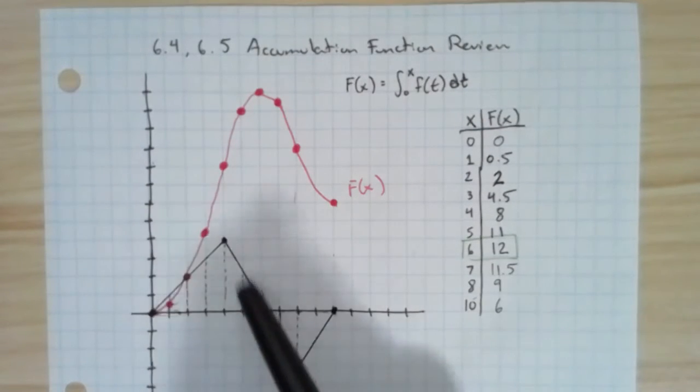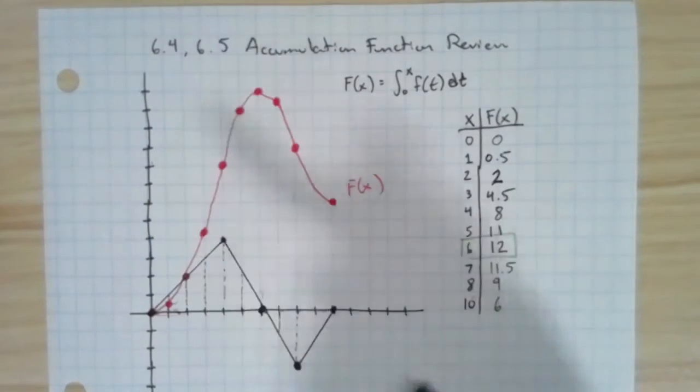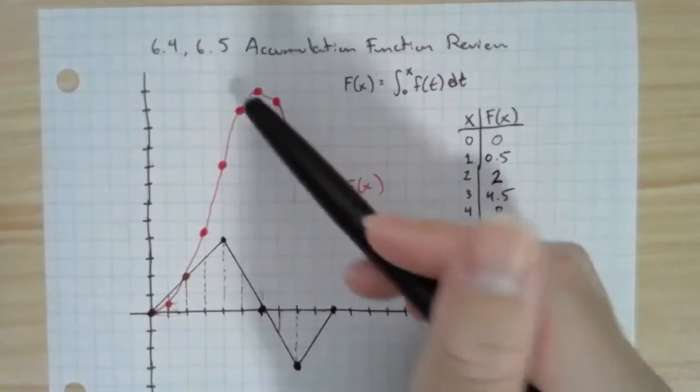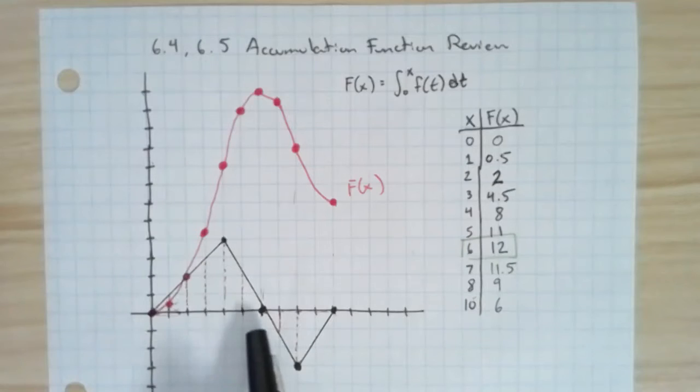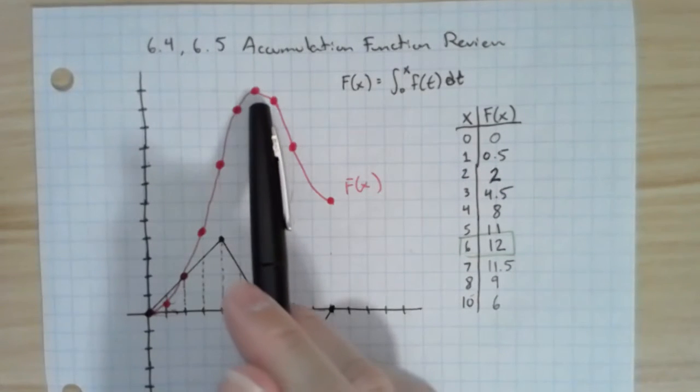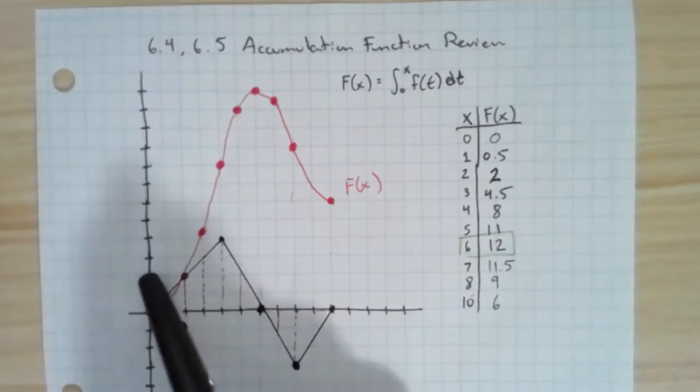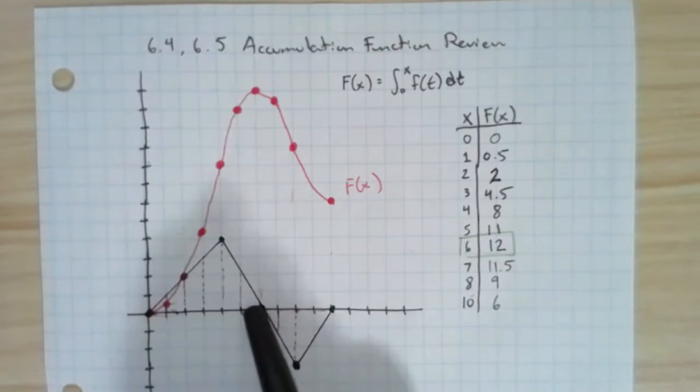So above the x-axis, graph will increase. Below the x-axis, graph will decrease. Notice right here where it shifts from positive to negative, that's the critical x value, and that gives me the absolute extrema. That would be the absolute max.